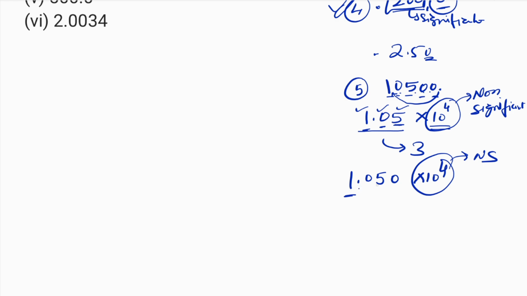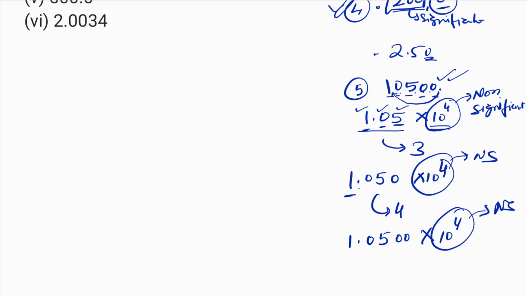So 1, 2, 3, 4, it has 4 significant figures. Similarly, the same number is written as 1.0500 times 10 to the power 4, because two zeros were given. The power of 10 remains non-significant, but here 1, 2, 3, 4, 5, there are 5 significant figures.